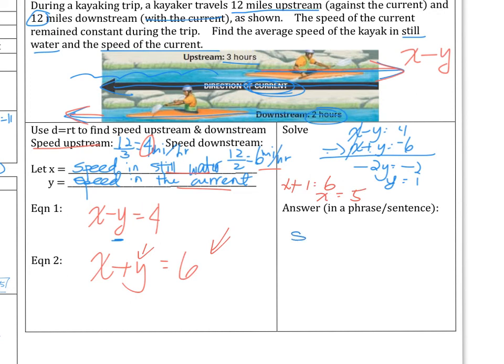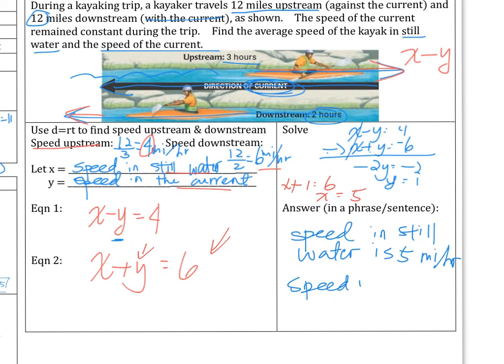Speed in still water is 5 miles per hour, and speed of current is y here, so 1 mile per hour. And this concludes the lesson.